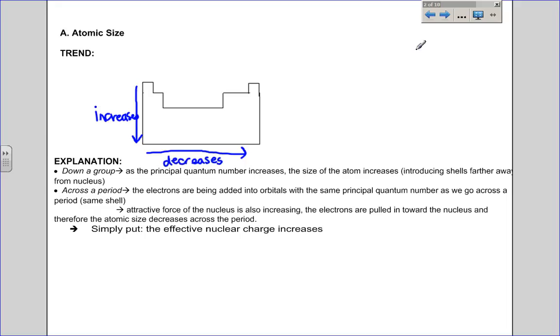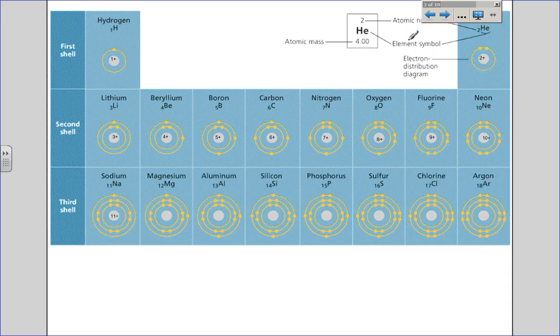In order to understand that, if we look at a periodic table with Bohr models of the atom, we can see the periodic trend. So as we're going down a group, in this case from hydrogen to sodium, each time we start a new row or a new period, we introduce a new energy shell. The principal quantum number of the valence electrons is increasing as we go down the group.